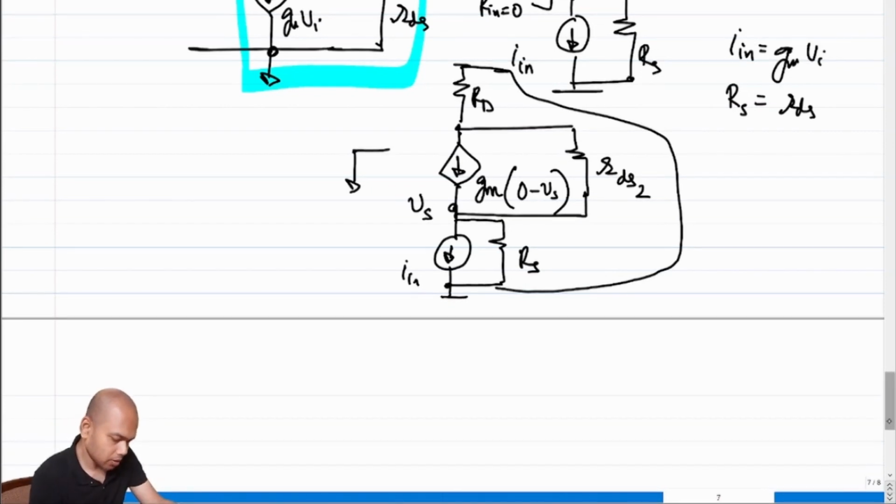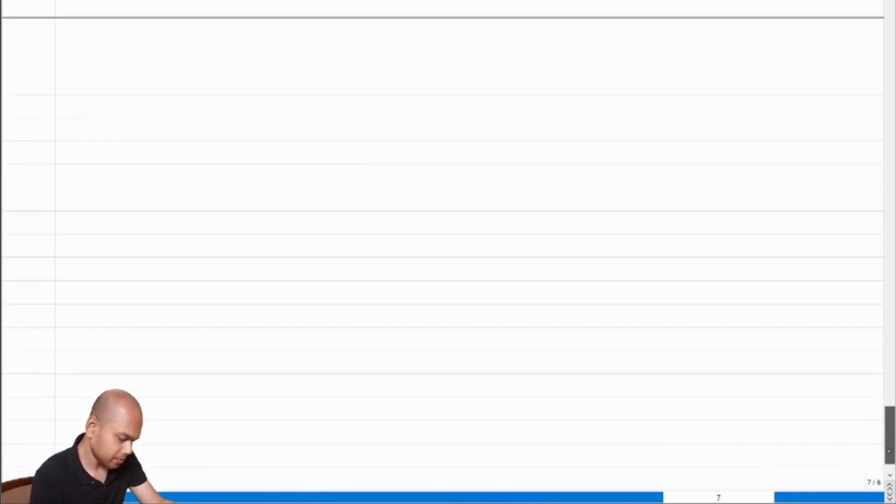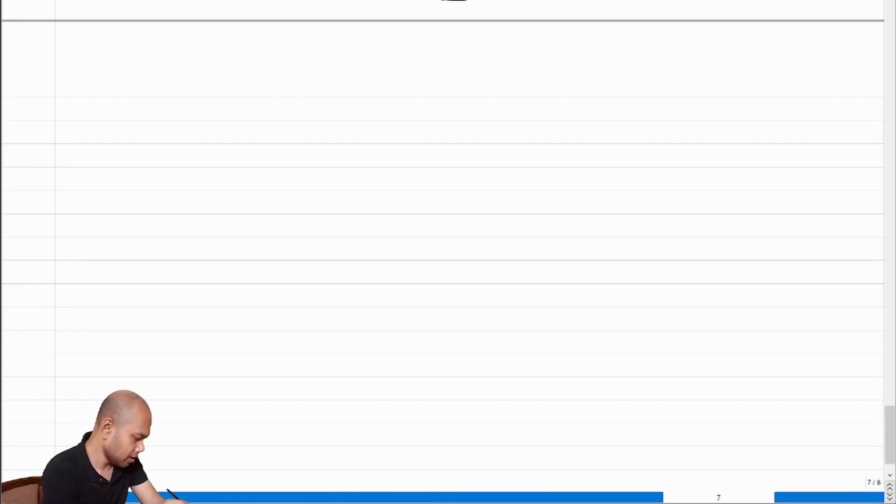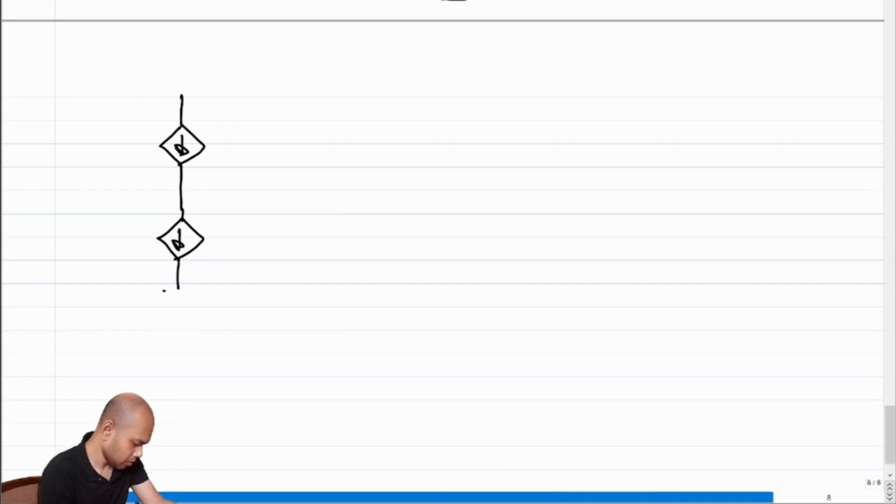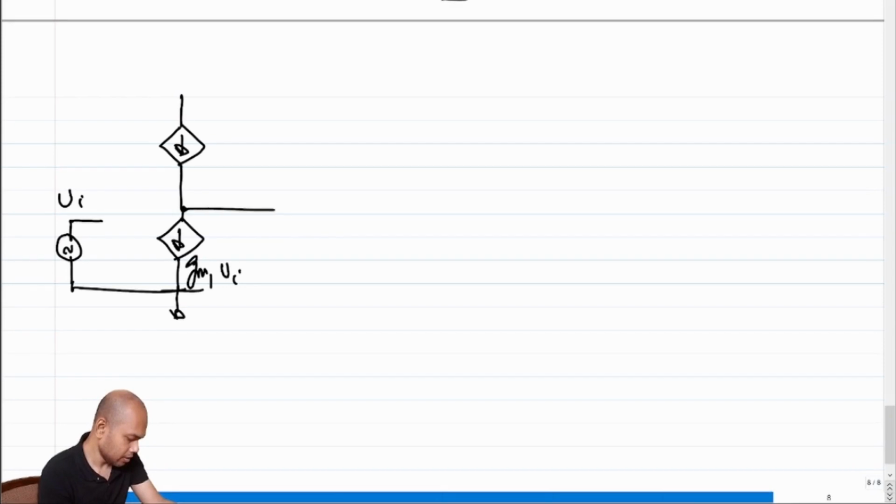Okay, so let me draw it afresh so that we can do a proper analysis. You have Vi here for the original transistor, so let's call this Gm1 times Vi. There is a GDS1.